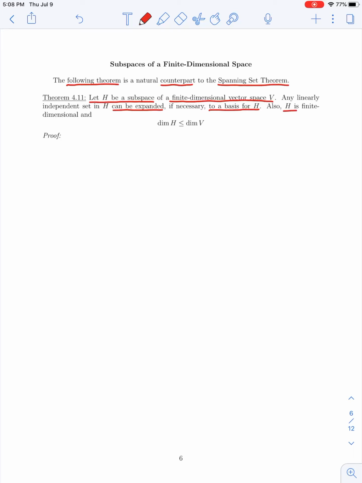Moreover, H is finite dimensional, and the dimension of H is less than or equal to the dimension of V, the vector space of which it is a subspace.